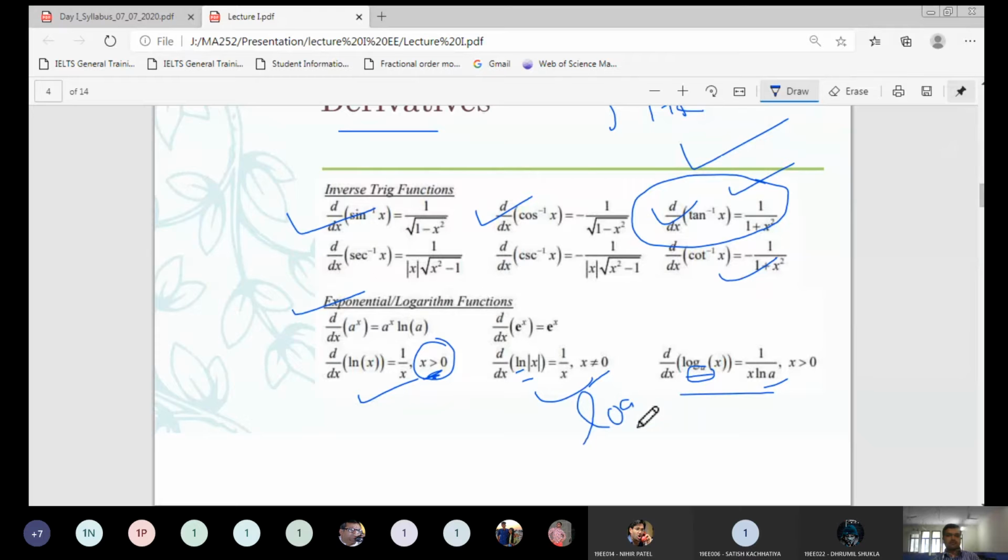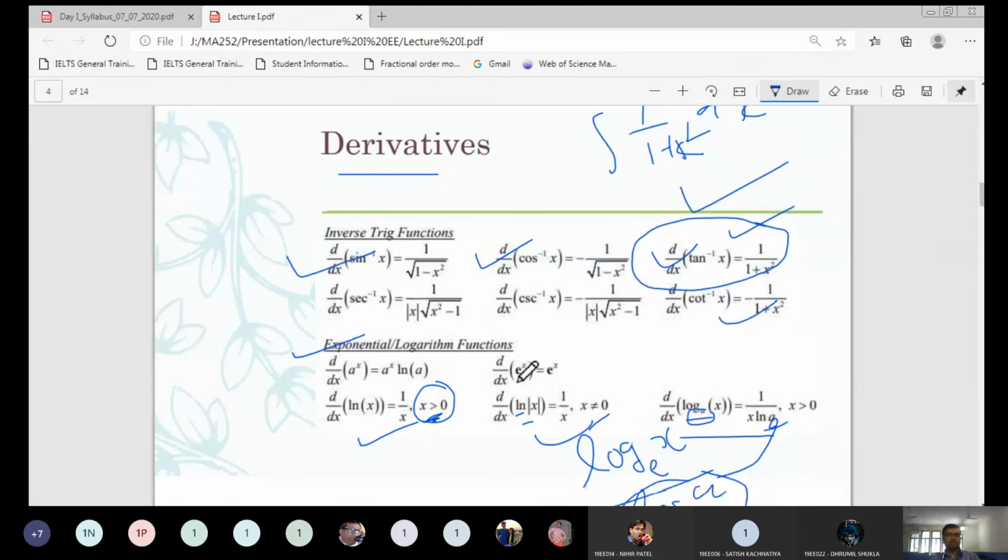It can be written as log of x divided by log of a, and both have base e. So the derivative of log base e of x is equal to 1 upon x. Got it? Any doubt in this slide?